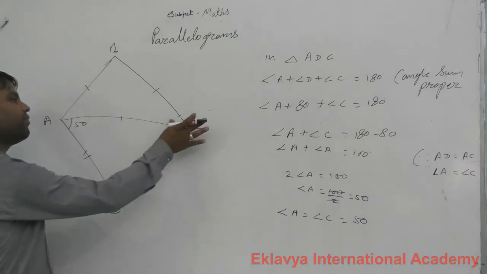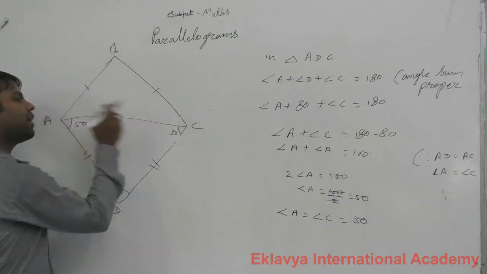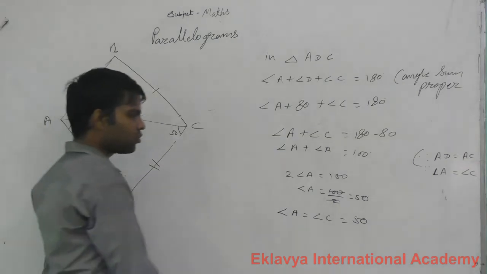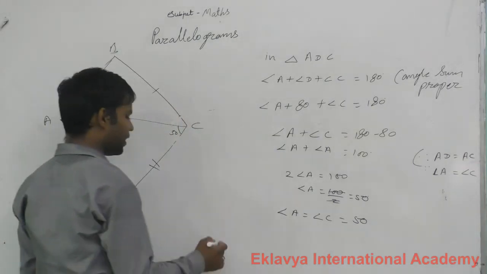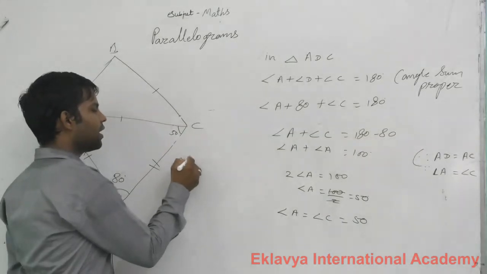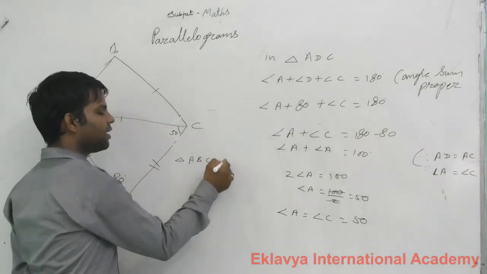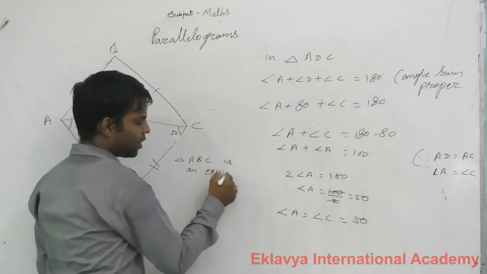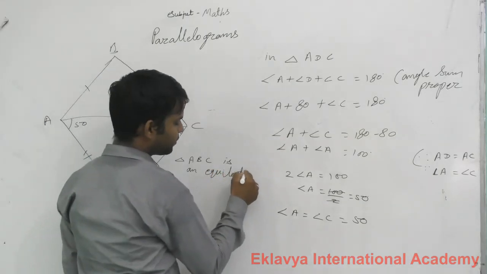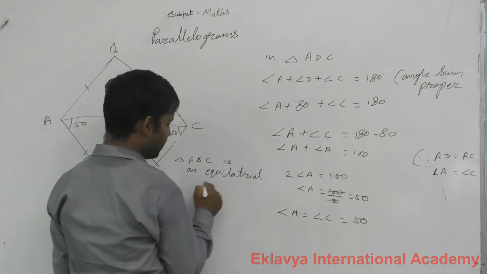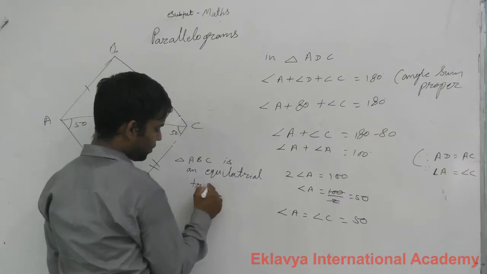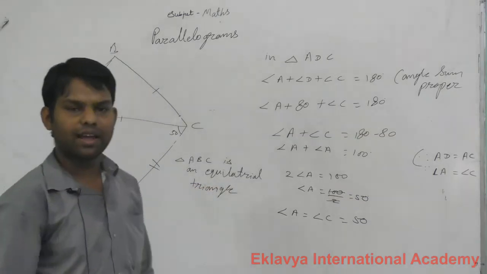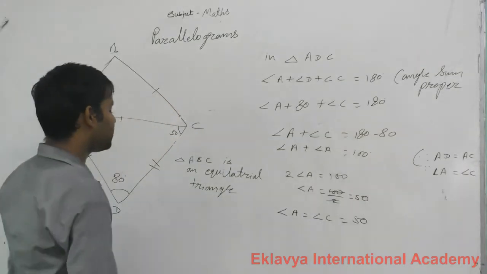And on the upper side we also see a triangle ABC in which all sides are equal. So it is an equilateral triangle. So triangle ABC is an equilateral triangle. Then in an equilateral triangle all angles are 60 degrees.